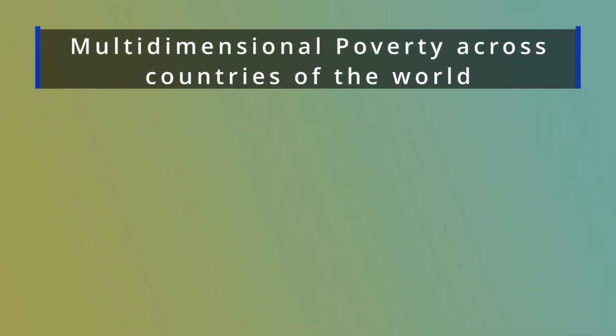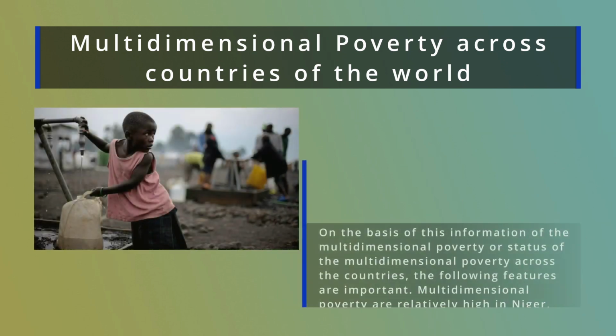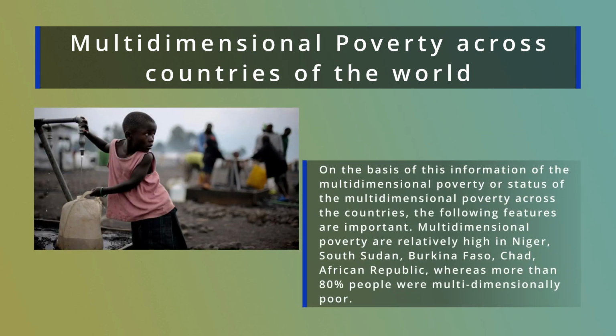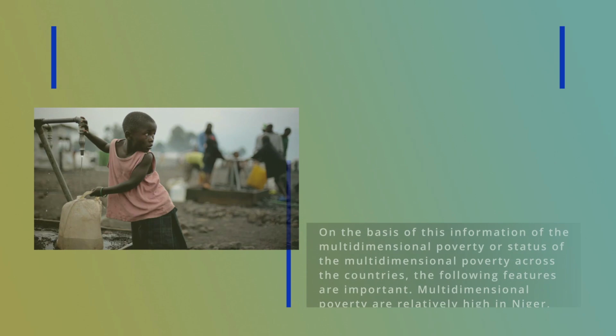On the basis of this information on the status of multidimensional poverty across the countries, the following features are important. Multidimensional poverty was relatively high in Niger, South Sudan, Burkina Faso, Chad, and the Central African Republic, where more than 80% of people were multidimensionally poor.